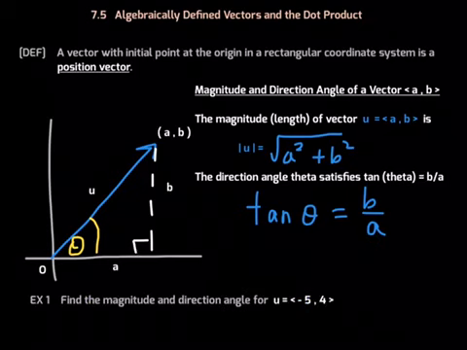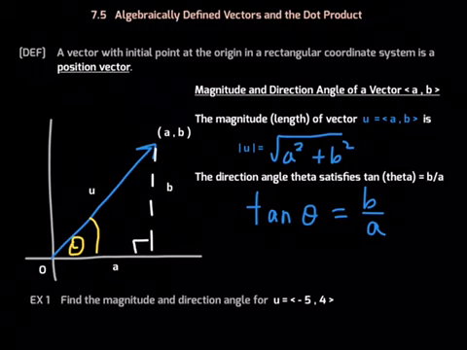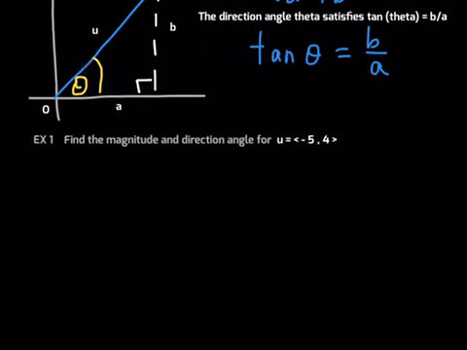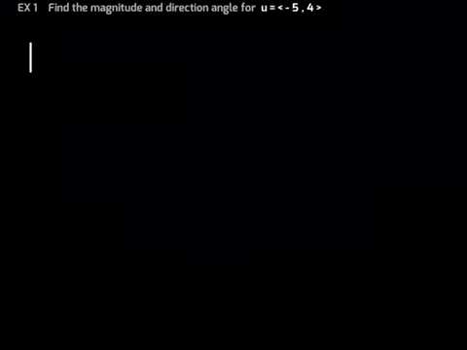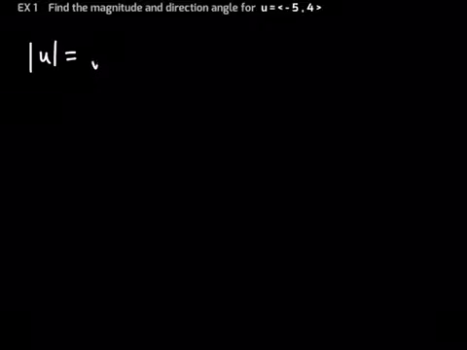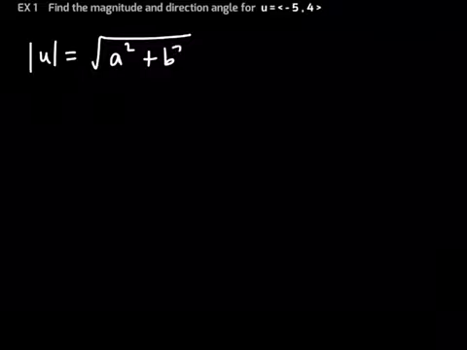Okay, guys, let's look at this first example. Find the magnitude and direction angle for vector u, which is defined as (-5, 4). -5 is the horizontal component, and 4 is the vertical component. All right, so let me move the screen up a little bit for us here. We know that the magnitude of vector u is equal to the square root of a squared plus b squared, which are your components.